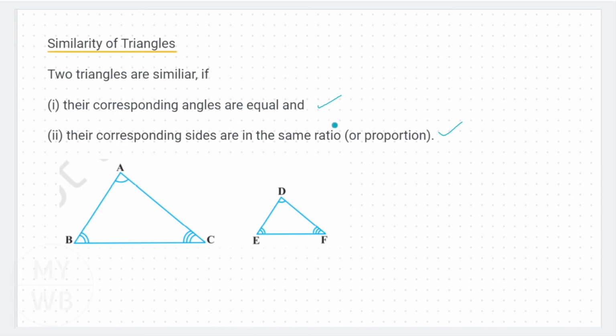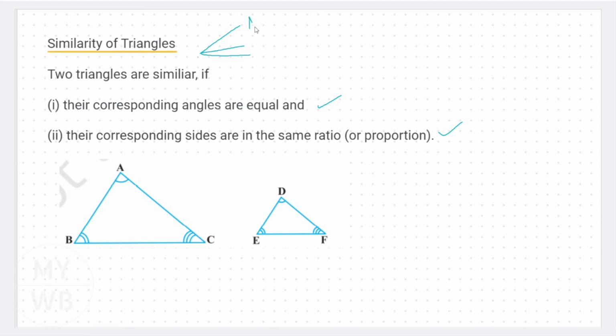When there are two triangles, to check if they are similar, we need not check all three pairs of angles and all three pairs of corresponding sides. Instead, to establish similarity, there are some criteria and we will be learning about them in this chapter.